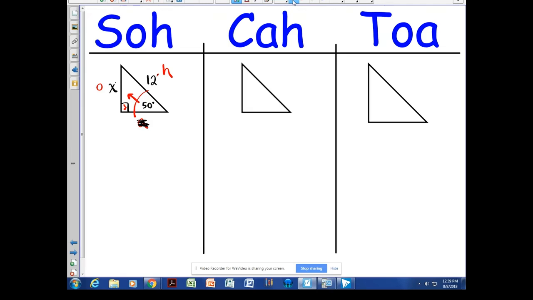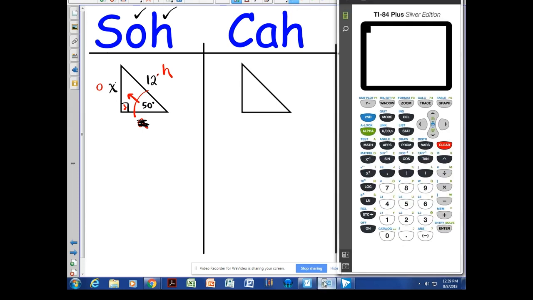Now, when I look up at SOHCAHTOA, I realize that there's only one of those that has an O and an H. And therefore, this SO is what I'm going to choose, so that S is going to help me decide which function. Now, if you forgot already the names of the functions, you can always just look down at your calculator.